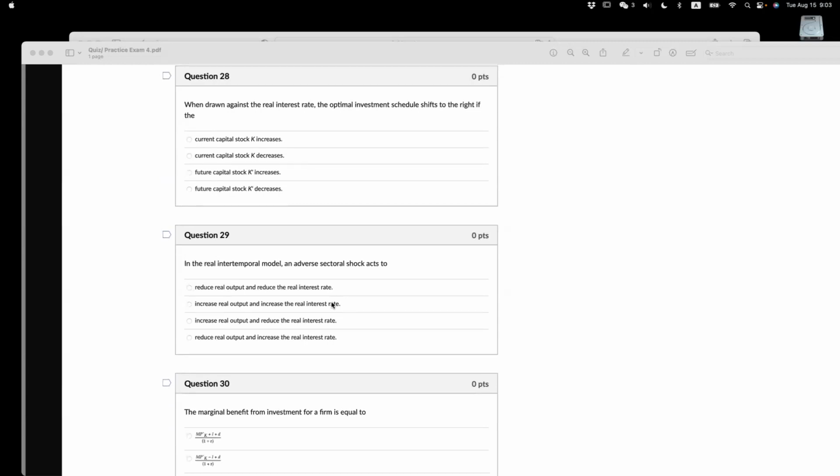Question 28. When drawn against the real interest rate, the optimal investment schedule shifts to the right if the current capital stock decreases. Right? So the investment schedule essentially just tells you how much you're going to invest for a given interest rate, right?